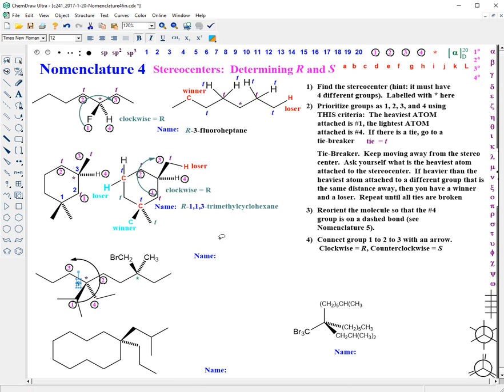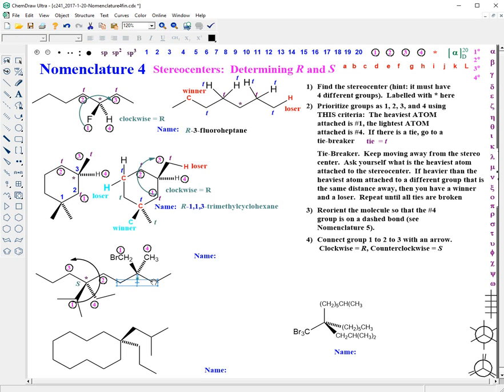After you've practiced this many times, you're going to realize that CH3 is a C with nothing but H's. That's going to lose to all the other C's that are attached. The winner is the C that has a Br attached. Which of these 2 CH2s is going to win?